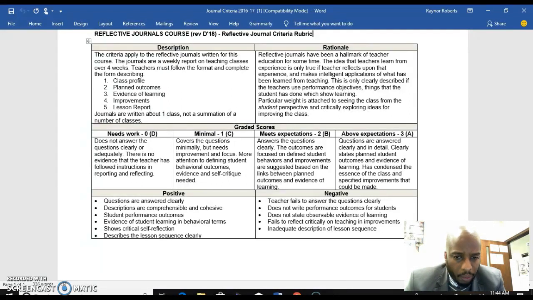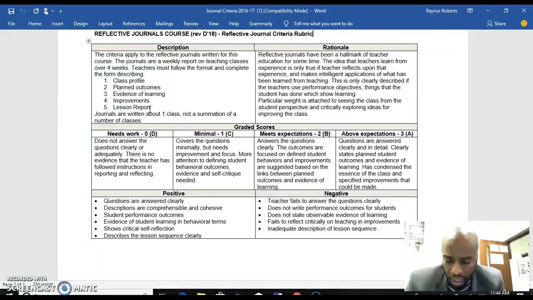The grades, how we're going to grade this, we talked about this last Saturday: needs work, minimum, meets expectations, above expectations. But he told me today that he's going to assign letter grades. A would be above expectations, B would be meets expectations, C would be minimum, D would be needs work. Okay. Positive: questions are answered clearly.